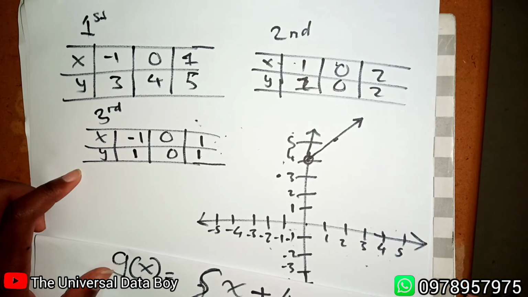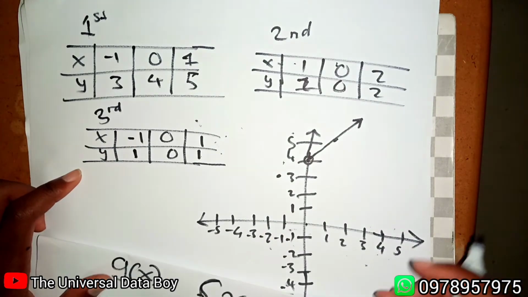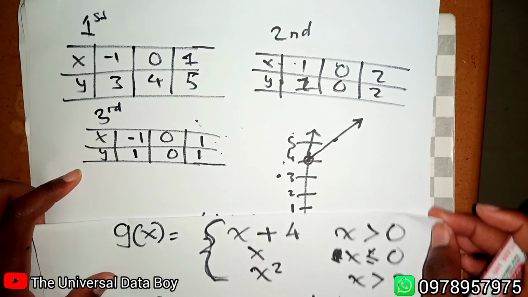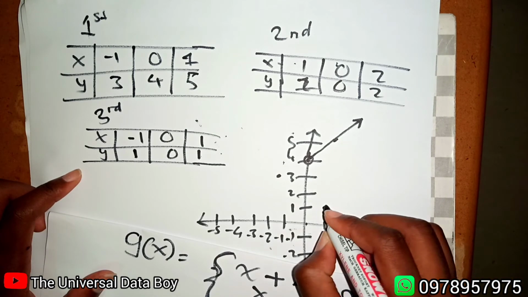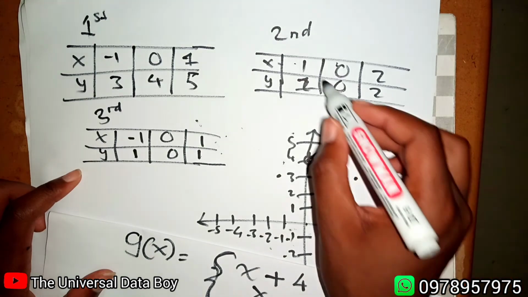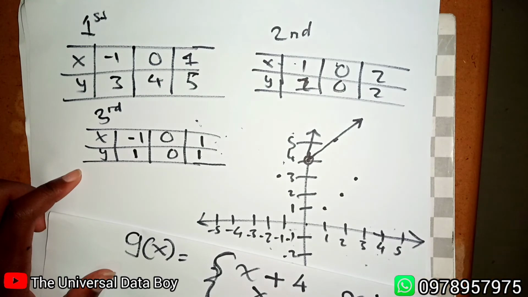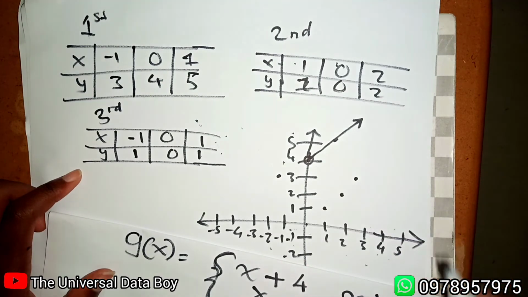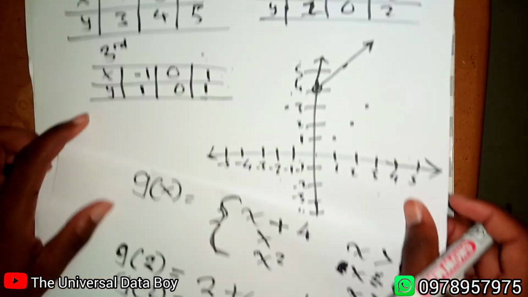So then you look at other functions. We look at the second one, which is for x greater than or equal to 0. So this one's starting at 0. When x is 1, y is 1. When it's 2, it's 2. When it's 3, just like that. You've seen how this one is going. When it's 0, it's 0. So it's starting from here. It's for values of x that are less than 0, so this one is actually going down.